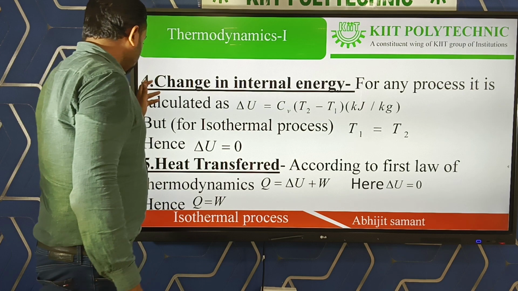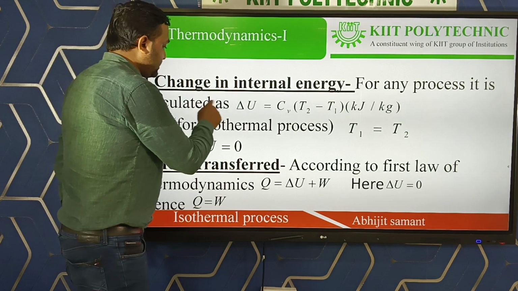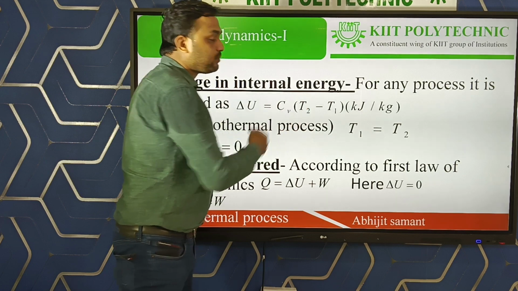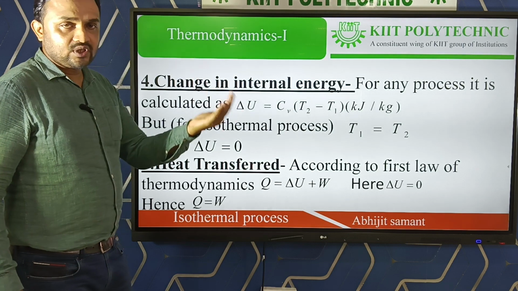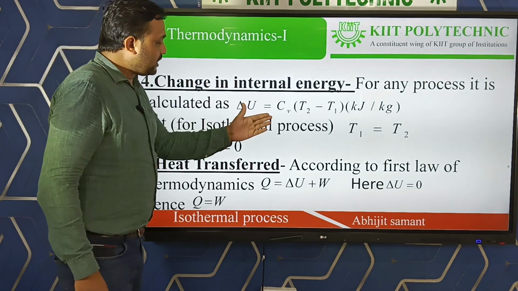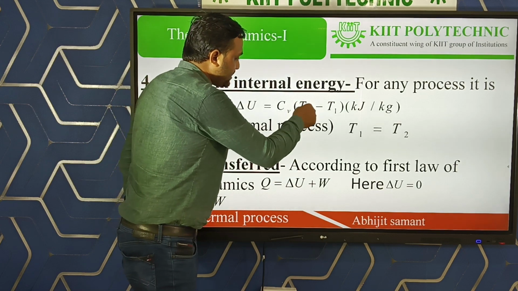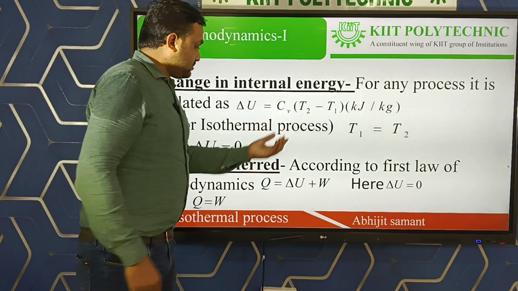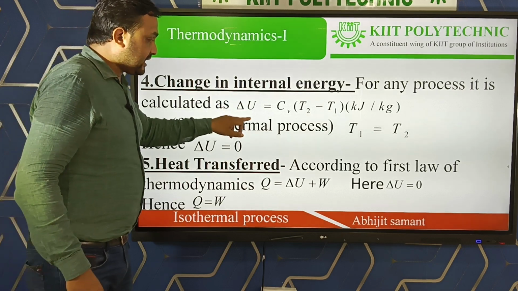Next, the change in internal energy for an isothermal process. The change in internal energy delta U is equal to Cv times T2 minus T1. Internal energy is directly proportional to temperature, so if you increase the temperature, the internal energy increases. Taking the difference of final and initial temperature gives the change in internal energy.